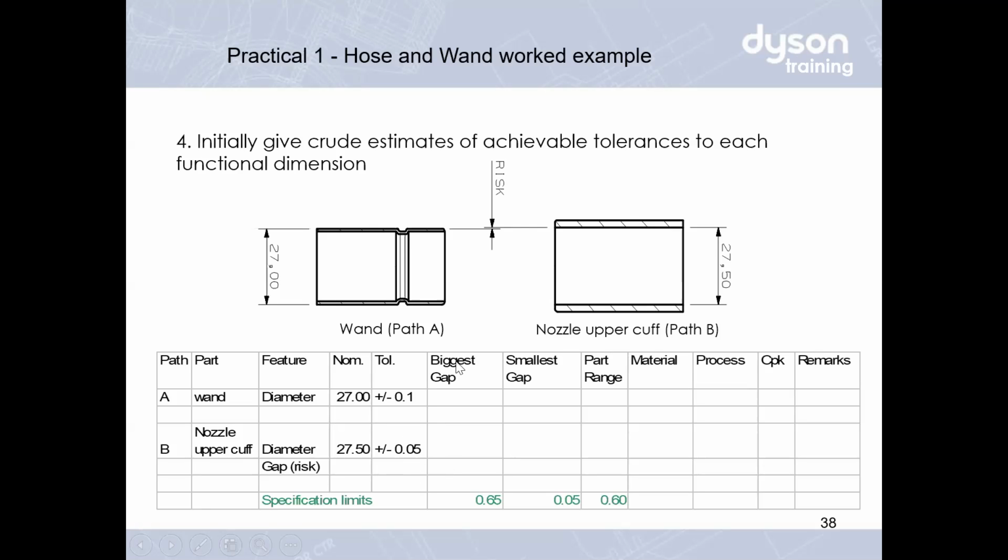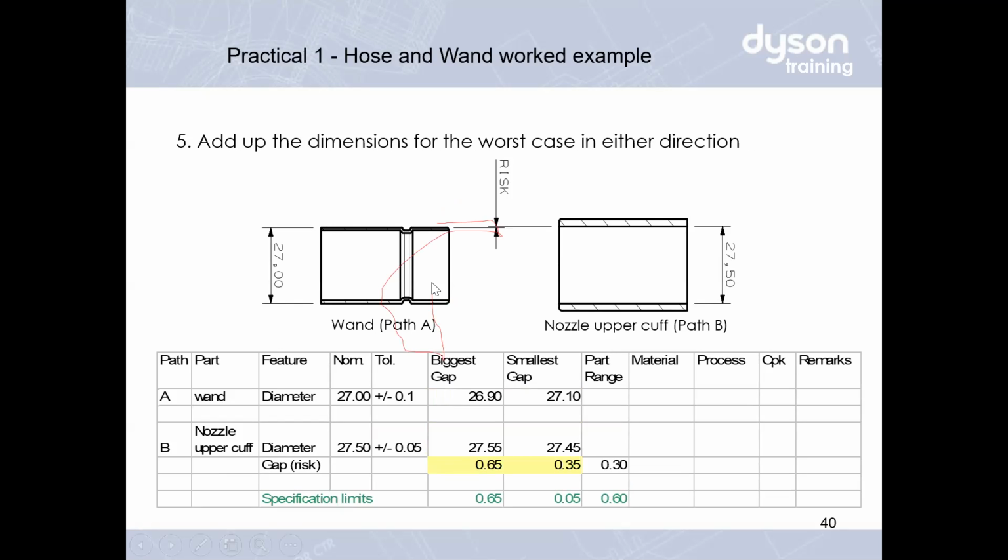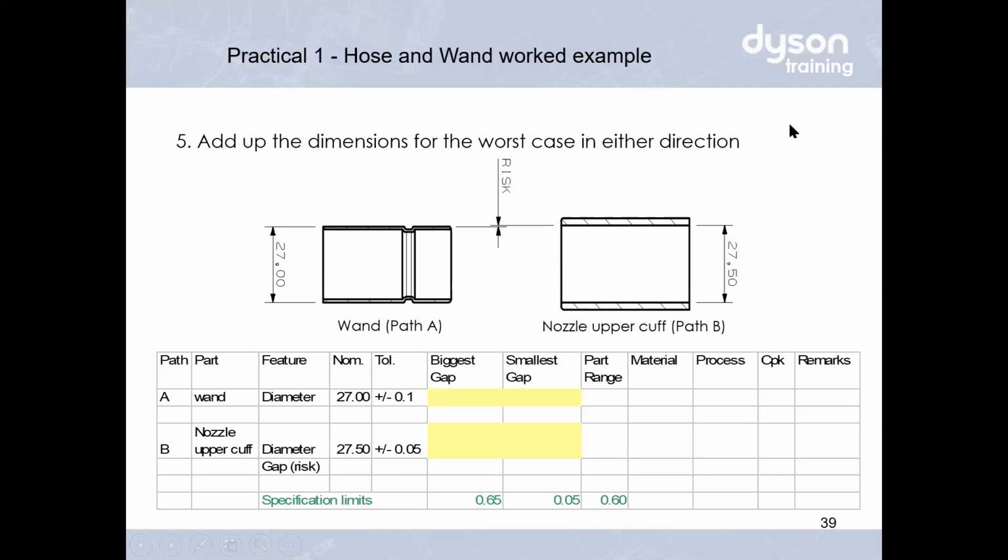What is the bigger gap? The bigger gap I'm talking about here of these two components will occur when the diameter of part A is the smallest, and when the inner diameter of part B is the biggest.